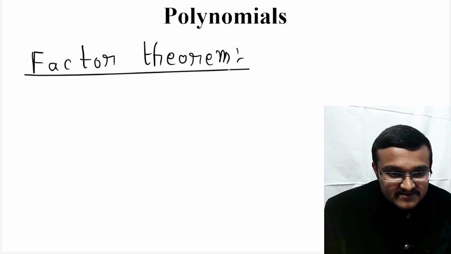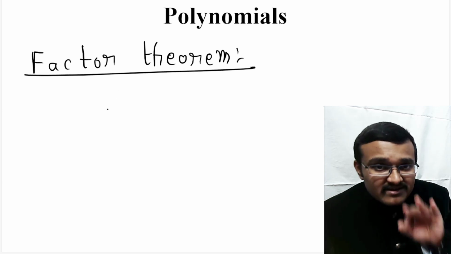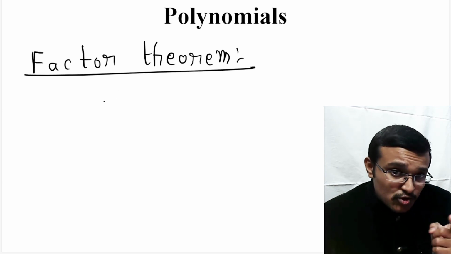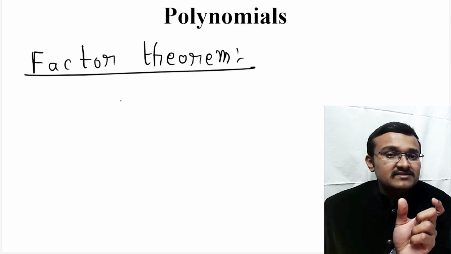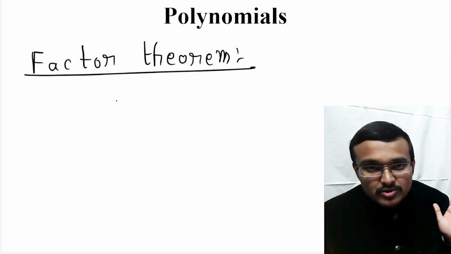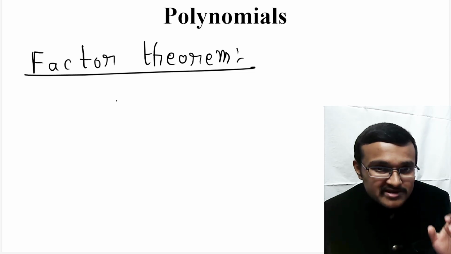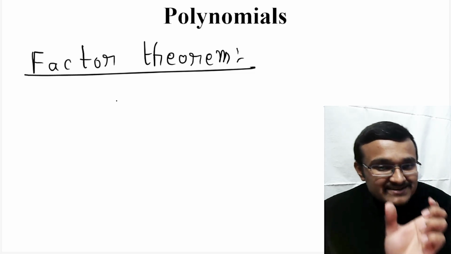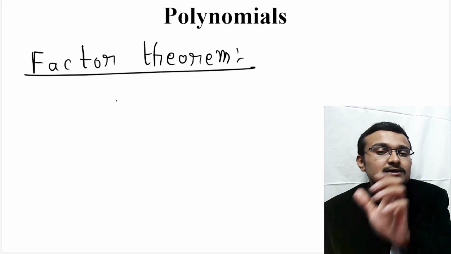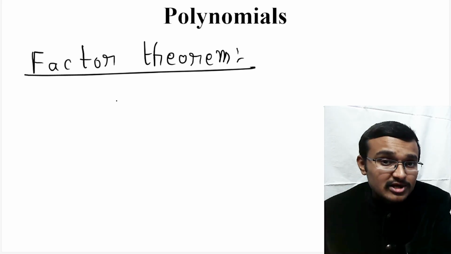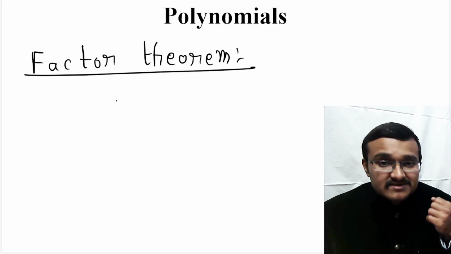So in factor theorem, whenever a remainder becomes 0, then the divisor is the factor of that particular polynomial. Or whenever the factor of the polynomial is the divisor, then that particular polynomial's remainder is 0.